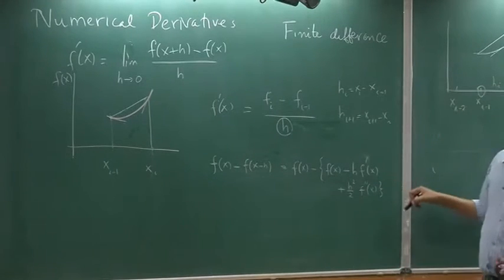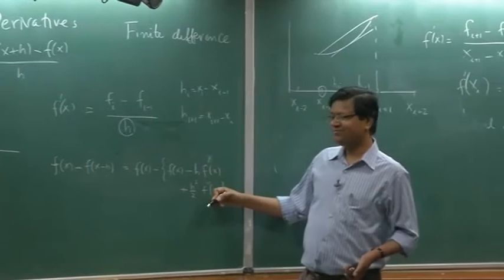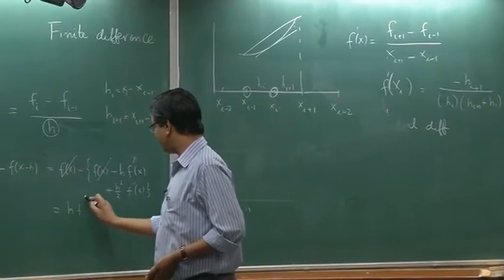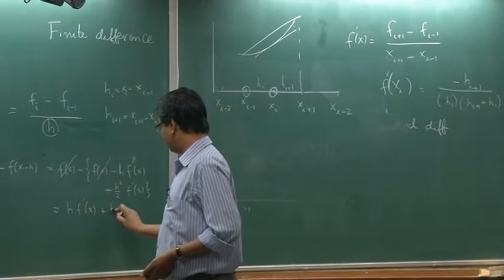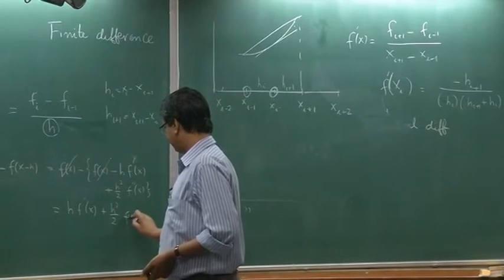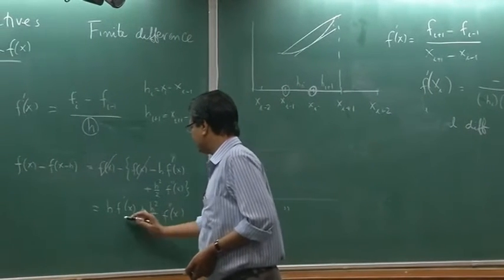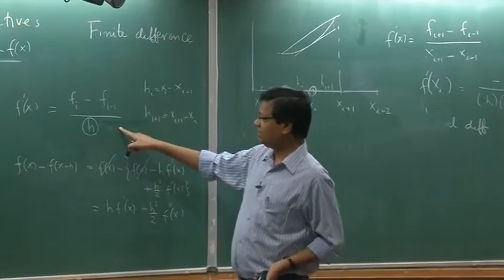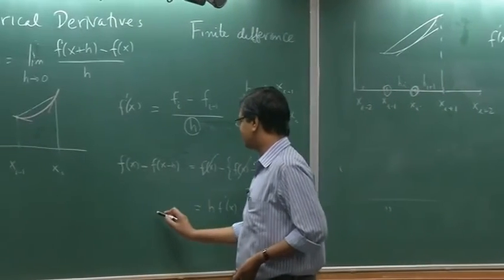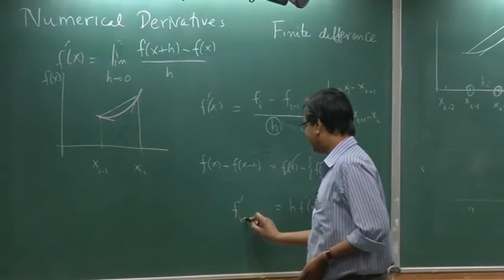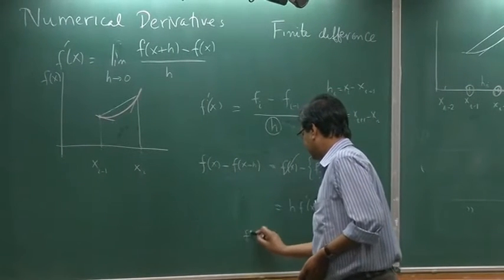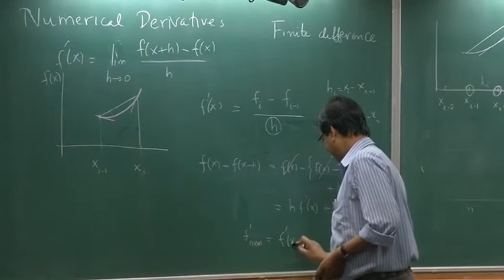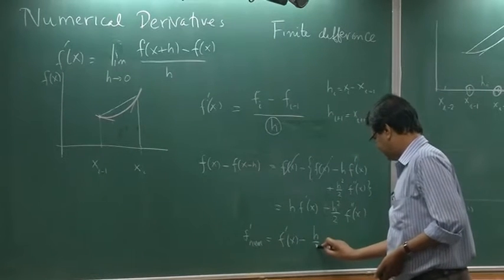I will stop, there are higher order terms, but my error is here. This will cancel and I get h f prime of x plus h squared by 2 f double prime. You divide by h, that is what we got here. If I divide by h, the numerical f prime is the real f prime, minus h by 2 f double prime.